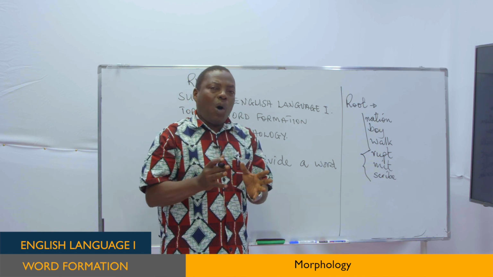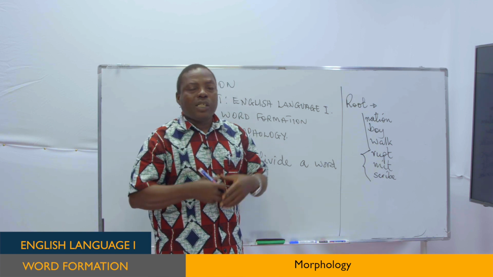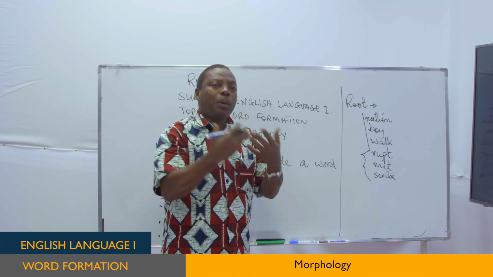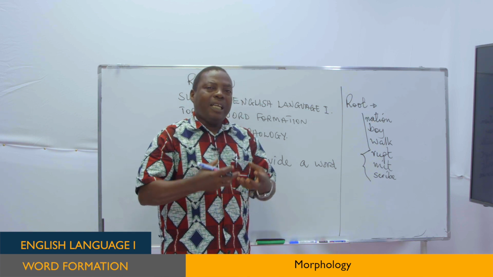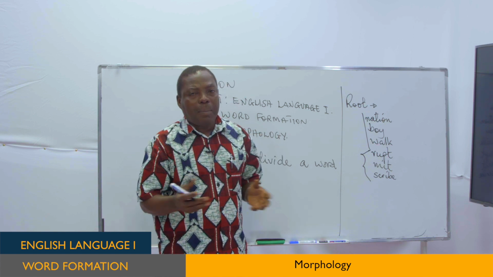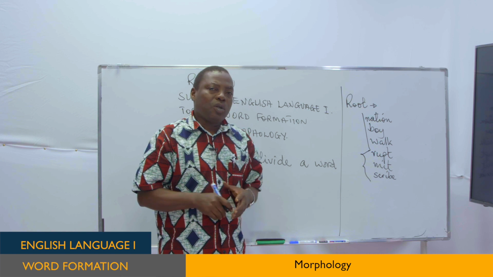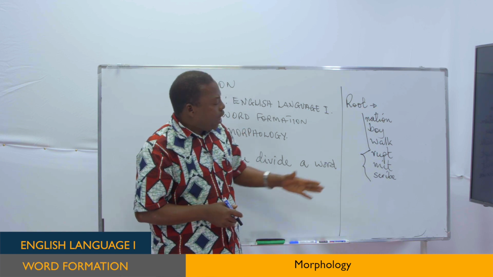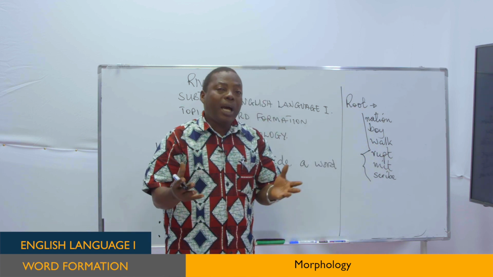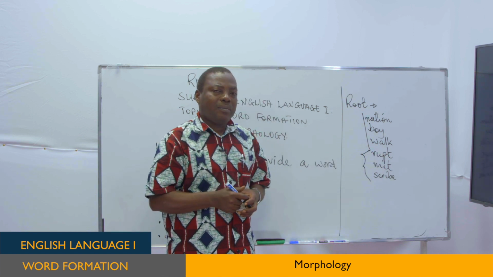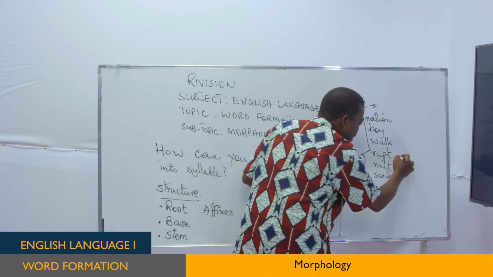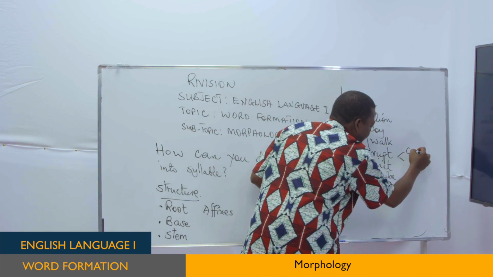Whether it's a word or part of a word, as long as it carries the meaning, or the basic part of a word from which other words can be built up, then that becomes a root. We call these roots because it is a part which seems to be shared by different other words.